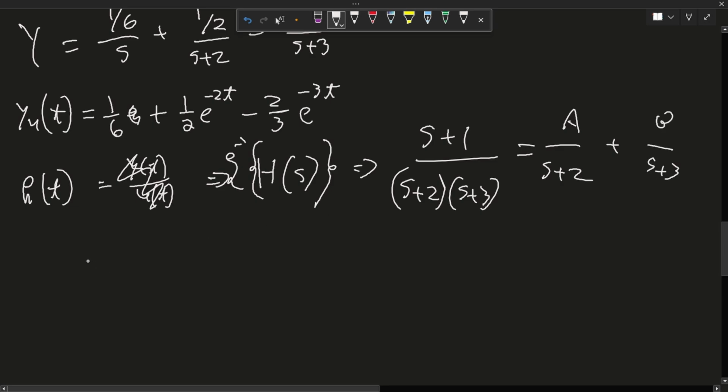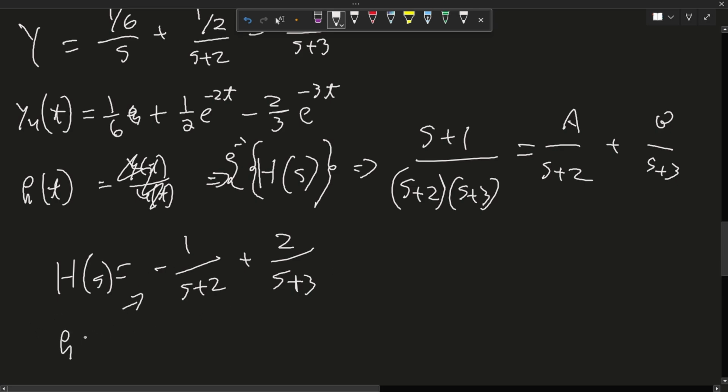But eventually you should be getting negative 1 over s plus 2 plus 2 over s plus 3. Then doing the inverse Laplace transform of all this, we get our final answer of negative e to the power of negative 2t, because it's -1, plus 2e to the power of negative 3t.